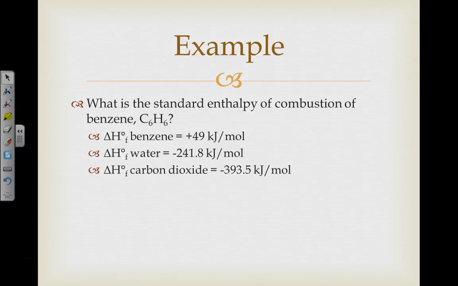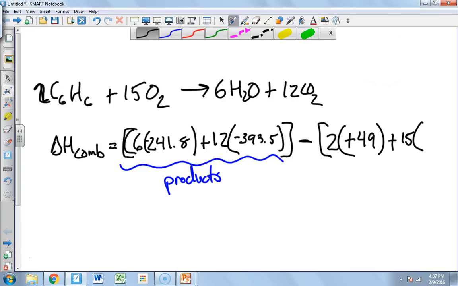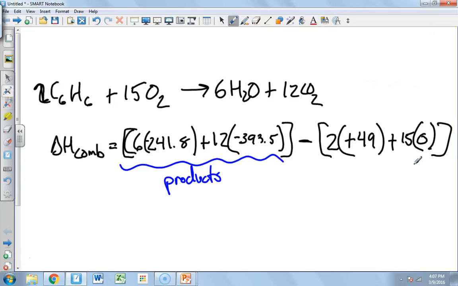Remember, any element in its most natural standard state has a delta H of formation of 0. So even though it's kind of silly to put it in there, I'm still going to, because now I have done the products and I have all the reactants here. So the delta H of combustion is products minus reactants.